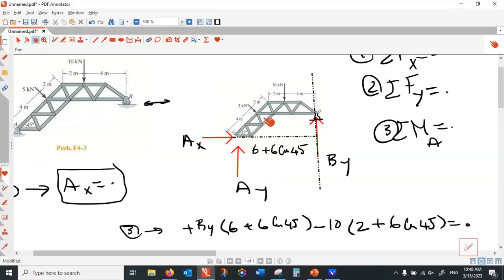So 5 kilonewton is an easy one. Why is this an easy one? Because to find the radius of rotation of 5 kilonewton, what is the radius of rotation of 5 kilonewton? 4. Excellent. Right? So that doesn't need trigonometry. You know the shortest distance between A and 5 kilonewton is 4. All right. Is this a positive or negative, Nguyen? Negative. Yes, correct. Thank you for that.